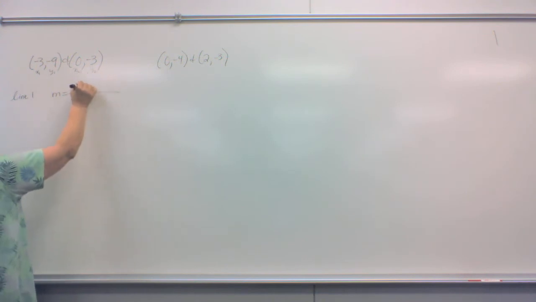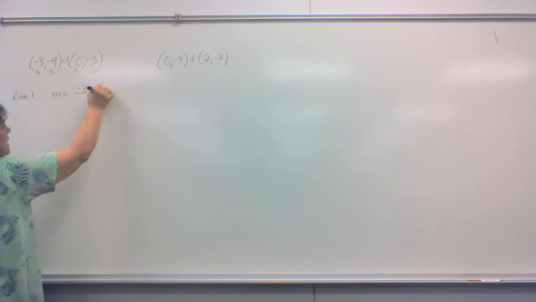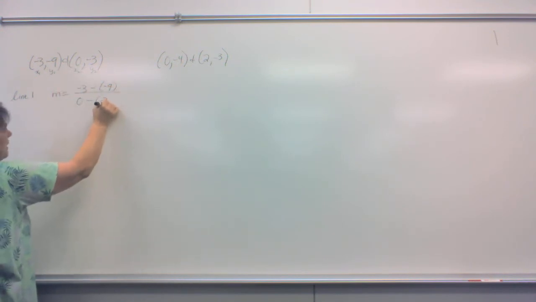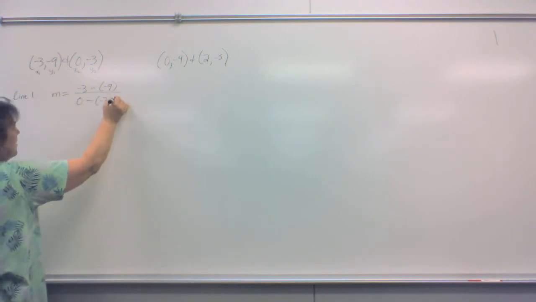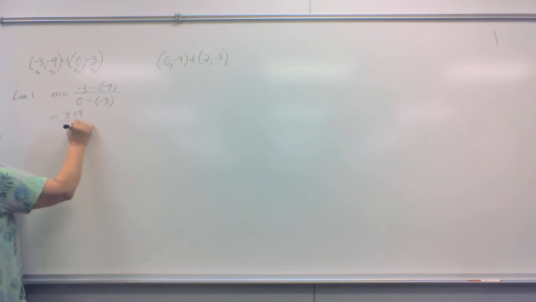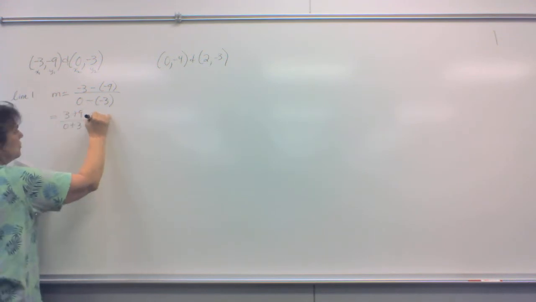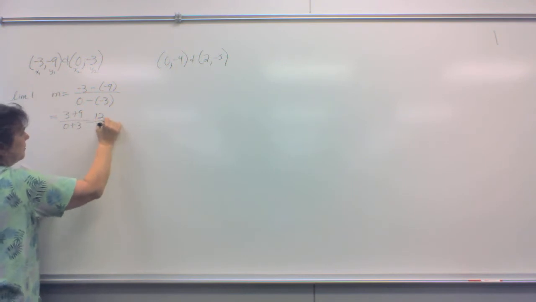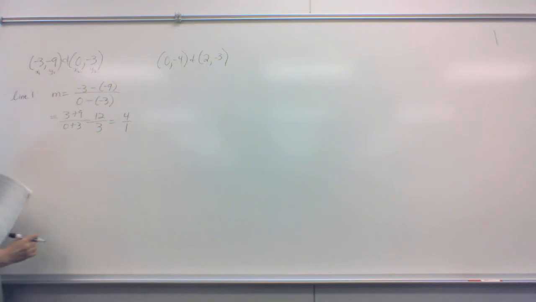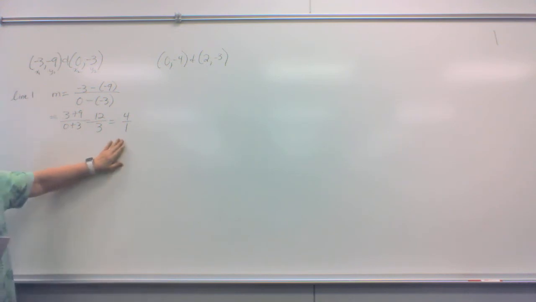So therefore, we have negative 3 minus a negative 9 and 0 minus a negative 3. So this is going to equal 3 plus 9 over 0 plus 3 equals 12 over 3, which equals 4, or 4 over 1. So that's the slope of the first line.